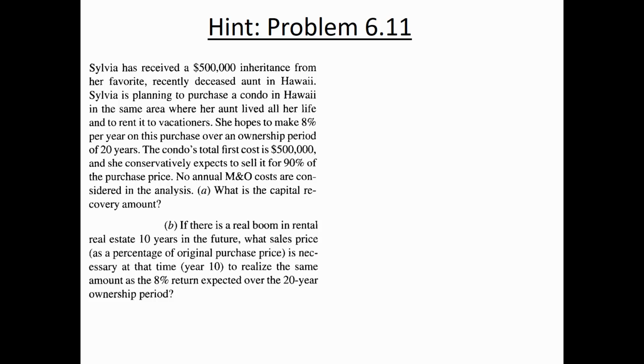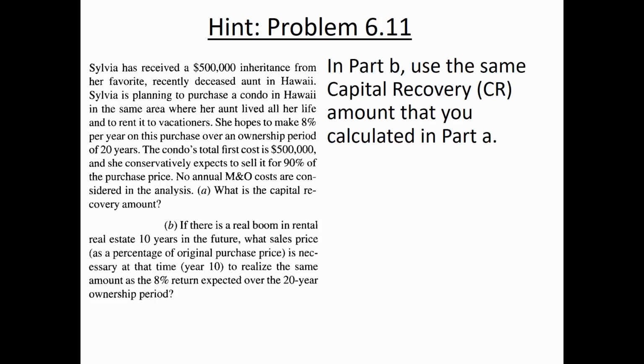So now we're in year 10. F equals what to still get 8%? So use the same capital recovery amount that you calculated in part A, which means she buys the condo for $500,000 in year 0.